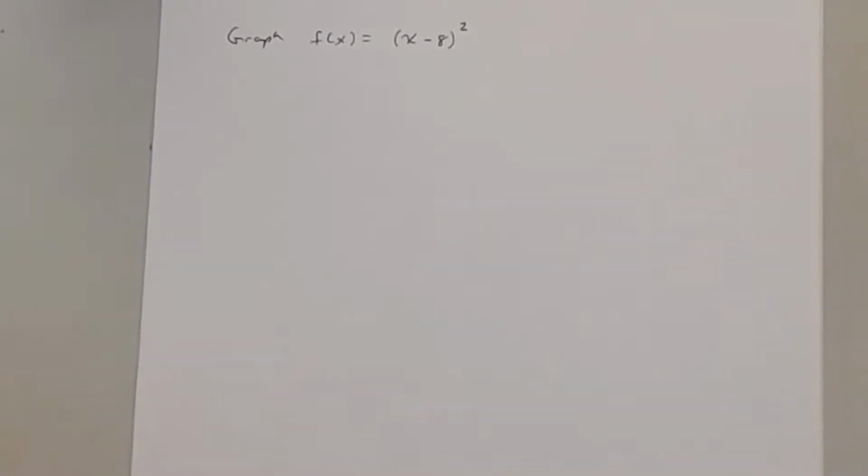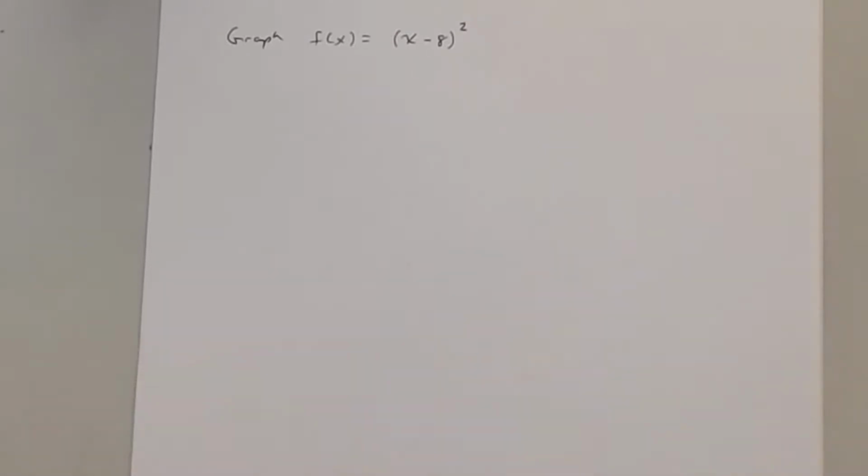Now notice how some of you were struggling with this vertex. I need for you to go to that video from the last class period and look at it again if you were struggling with this. So remember we talked about the parent function. What's the parent function here? The parent function is y equals x squared.